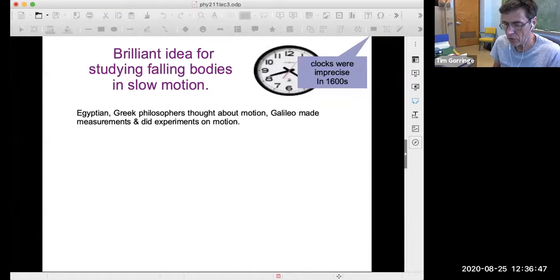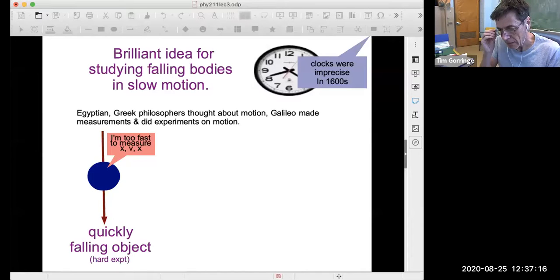But it's really Galileo who was the first person to go beyond thinking about falling bodies to doing experiments and making measurements of falling bodies. You've probably heard of his famous experiments dropping this or that object off the Leaning Tower of Pisa in Italy.